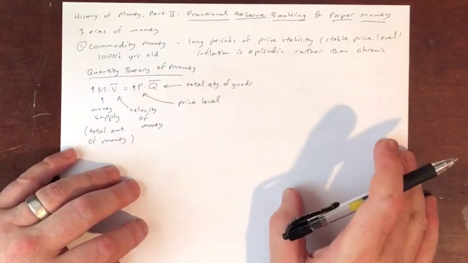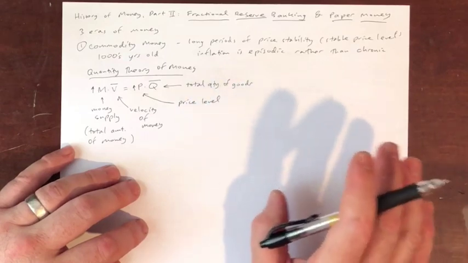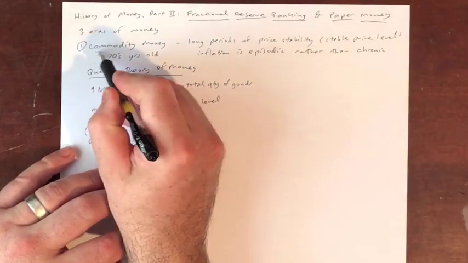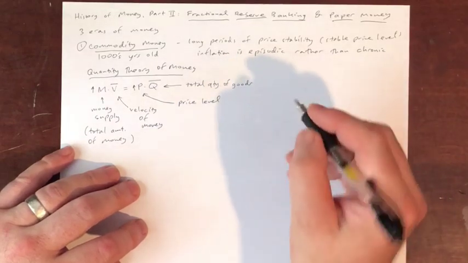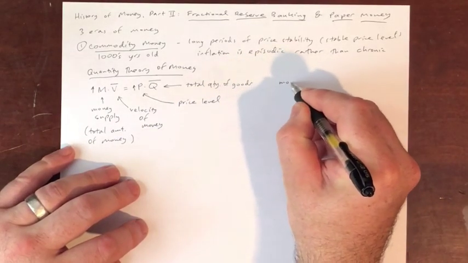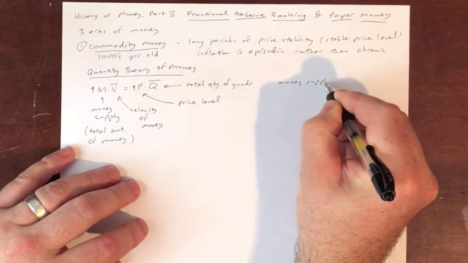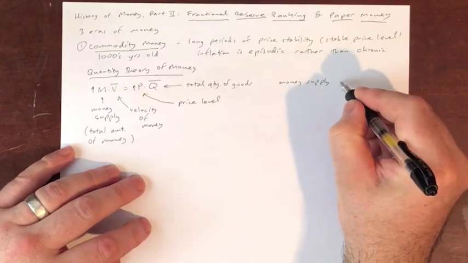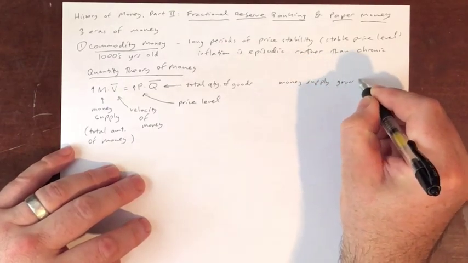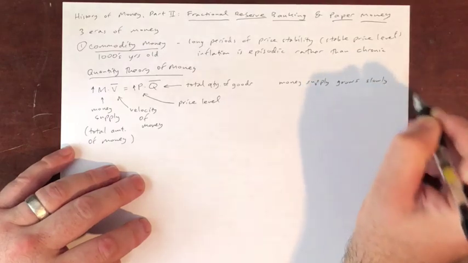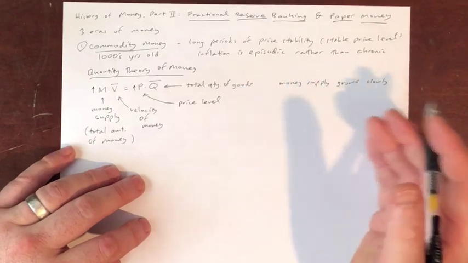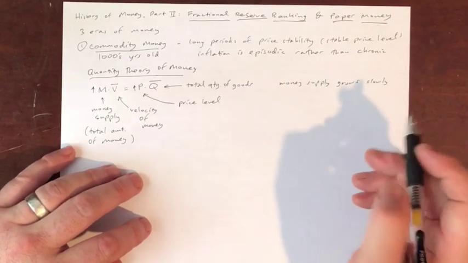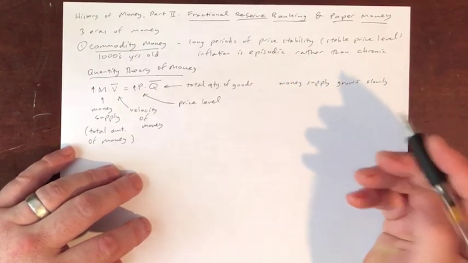So the point I want to show from this section is that under the commodity money era, the reason that we had a stable price level is that the money supply is relatively stable. The money supply grows relatively slowly. There are not rapid, dramatic shifts in the money supply as a matter of course.